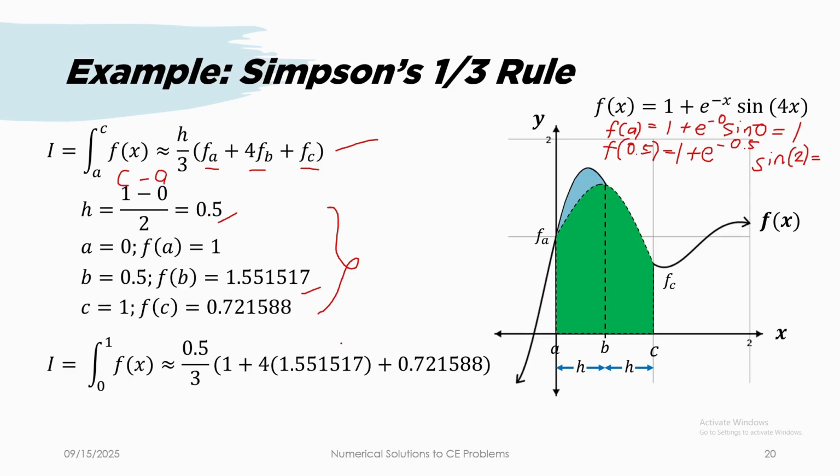We're just substituting those values we got to the formula. This would lead us to an answer of 1.321276 units squared. The area is the green area here. Notice that the error is getting smaller, or the unapproximated area.